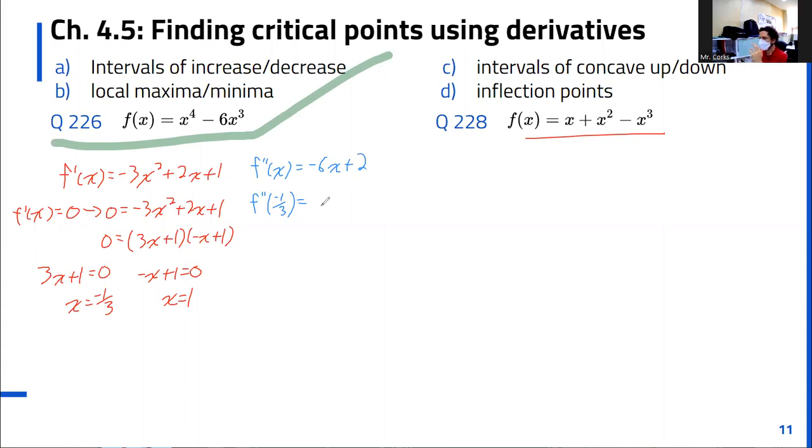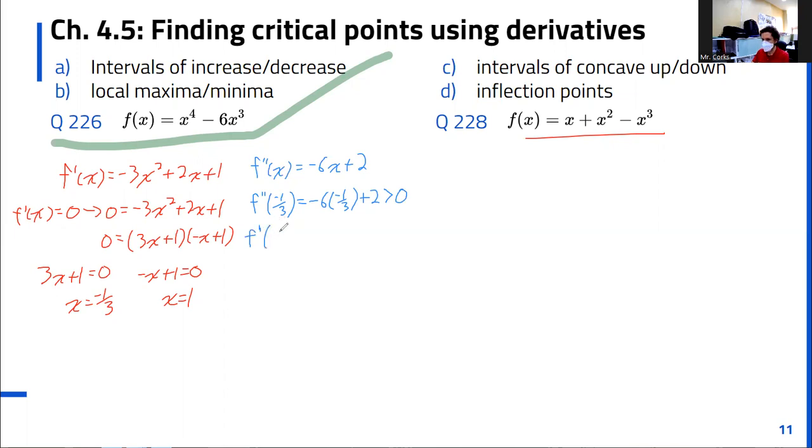However we want to do this, sort of try to just do this in our heads or just substitute it in. So negative 6 here times negative 1 over 3 plus 2. Okay, that's going to be 2 and then also 2. So the whole thing is 4. And that is obviously greater than 0.